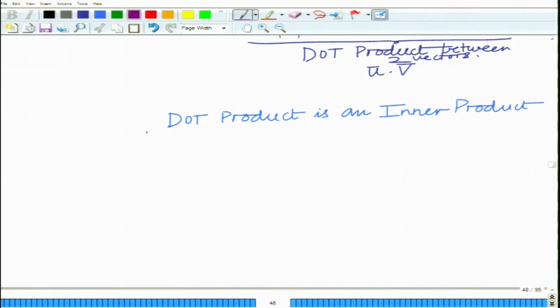Now that is very simple to see. First let us look at the linearity property.